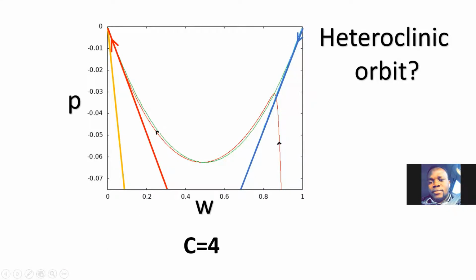Let me point to the (1,0) stationary point. The (1,0) is here. I would like to prove the existence of a trajectory which comes from (1,0) and goes to (0,0). So here the solution goes to (0,0), but it comes from somewhere when t goes to minus infinity.